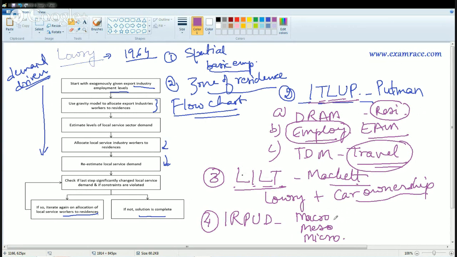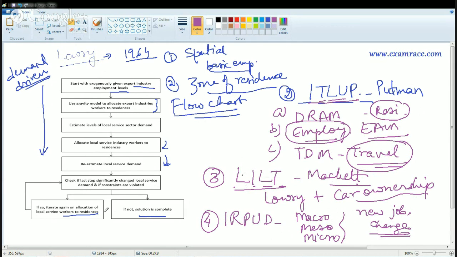So in this model, we try to explain the aging population, the dwelling, the relocation services, new job or kind of job change. So all these concepts were introduced under the IRPUD model.